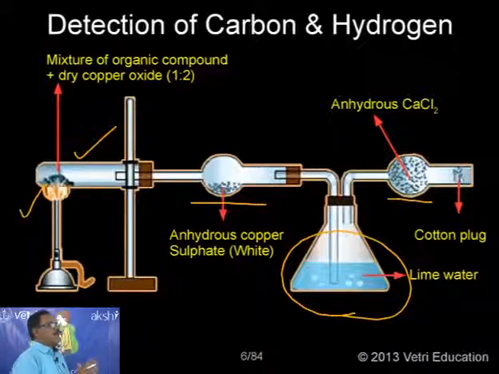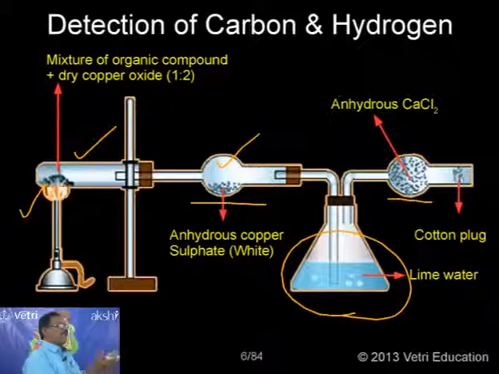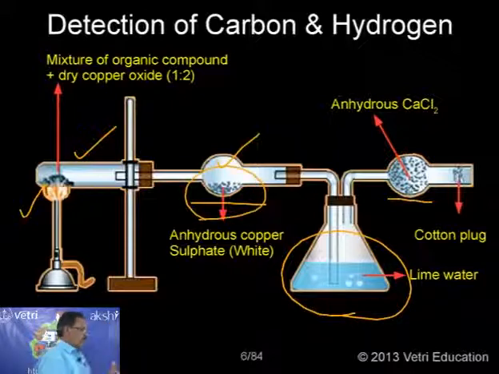What will happen now? Carbon present will be converted into carbon dioxide by copper oxide. In the same way, hydrogen present will be converted into water by copper oxide. When these vapors, the carbon dioxide gas and water vapor, pass through this particular stage, the anhydrous copper sulfate will absorb the water molecules.